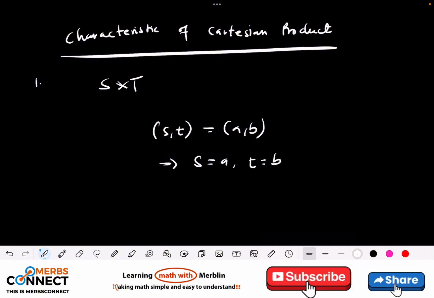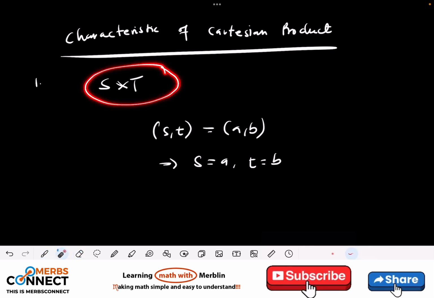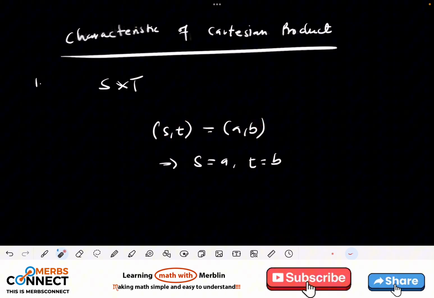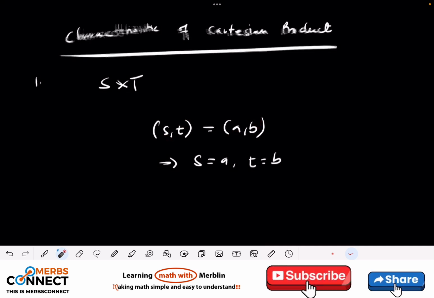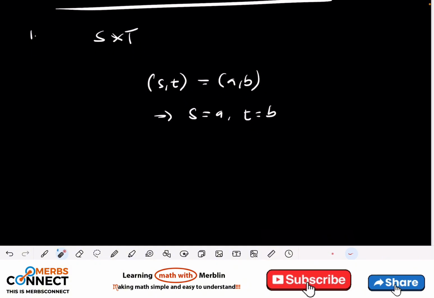So if we have two elements of the product, they are equal if and only if they are identical: this is the same as this and this is the same as this. Then we can say that they are the same. That is one property that we need to look at.